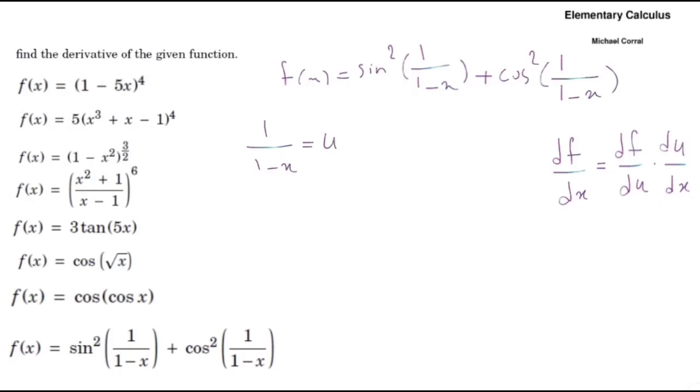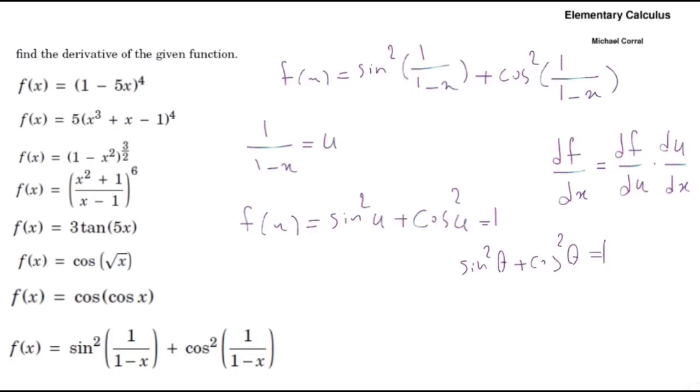So f(u) equals sine squared u plus cosine squared u, which equals 1, because sine squared theta plus cosine squared theta equals 1.